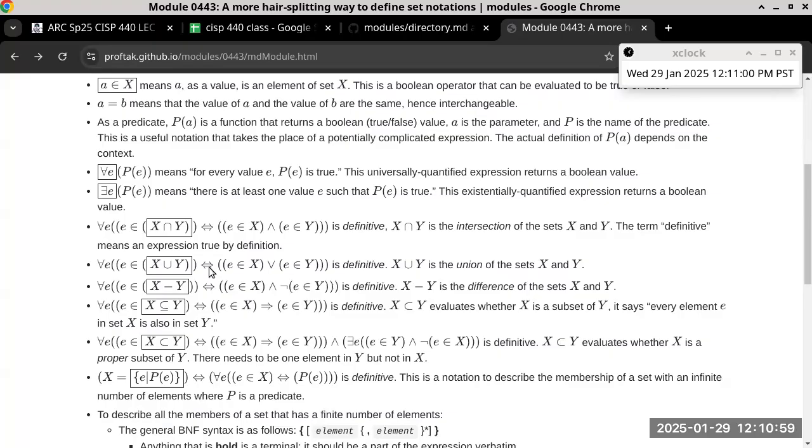Well, x and y cannot imply each other because x and y are sets and they are not Boolean values. As an operator, implication requires the left-hand side and the right-hand side both being Boolean values. Otherwise, it would not make sense.